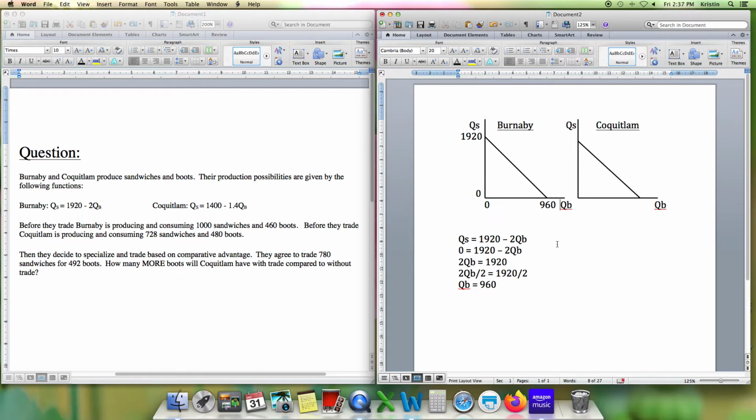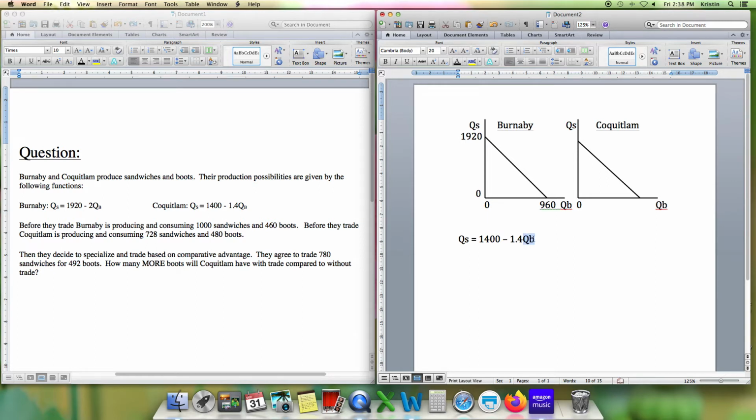Now we'll do the same thing for Coquitlam. Starting with when the quantity of boots is 0, what will be the quantity of sandwiches?